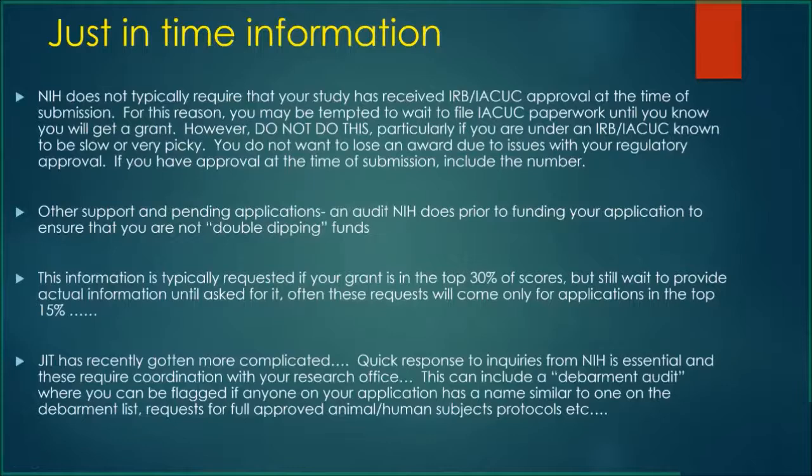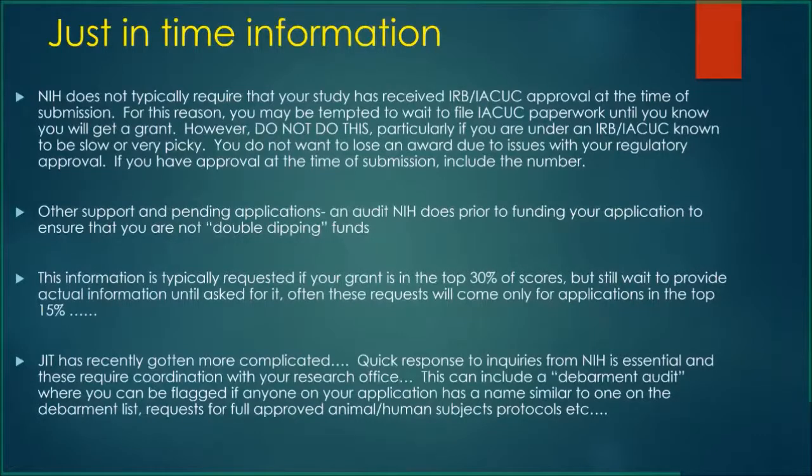Now, from NIH Central, and I think even from the CTR program, just-in-time information is usually requested for grants in the top 30% or so of scores. Sometimes on the NIH website, you'll get your score on the score sheet, and then a little button that says JIT will show up.